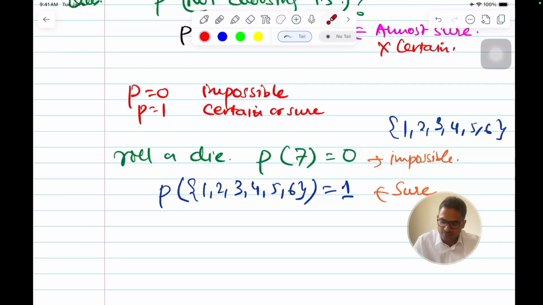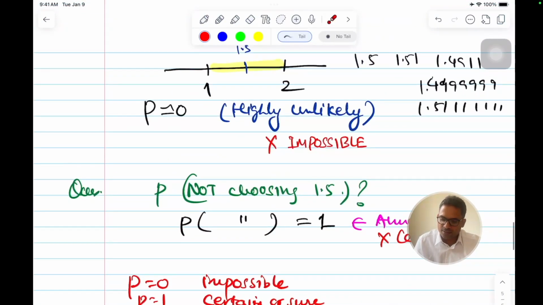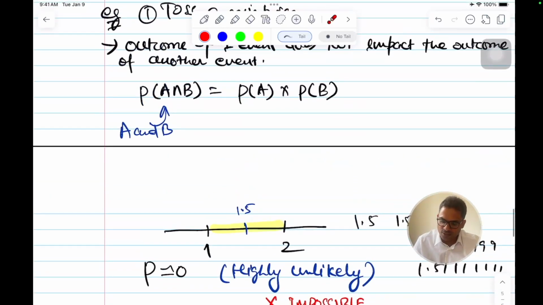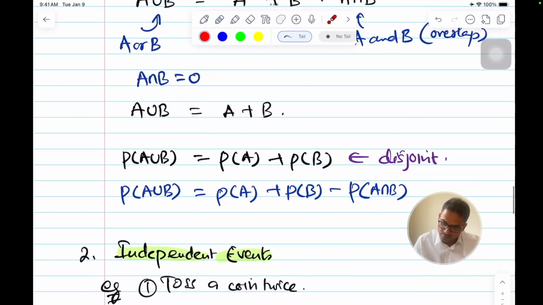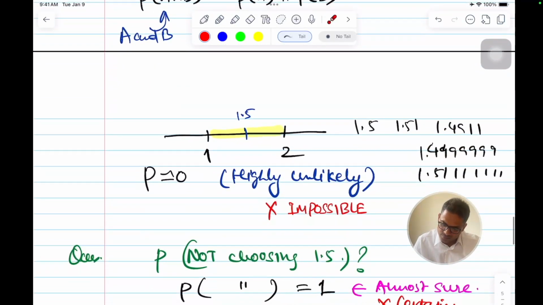So in this case this definition holds, but for all practical purposes we use this: probability of 1 is almost sure and probability of 0 is highly unlikely. I hope that is clear.